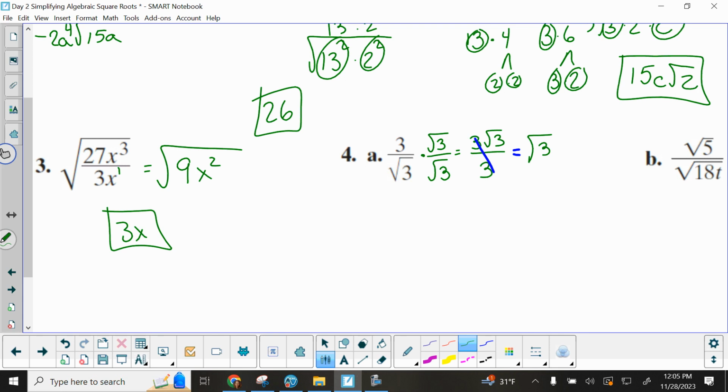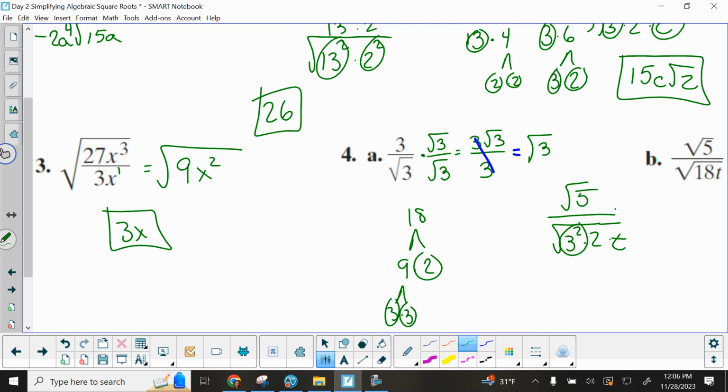B, I've got, let's see, radical 5 over, I can simplify radical 18. So 18 is 9 times 2, which is 3 times 3. So 3 squared times 2 times t.